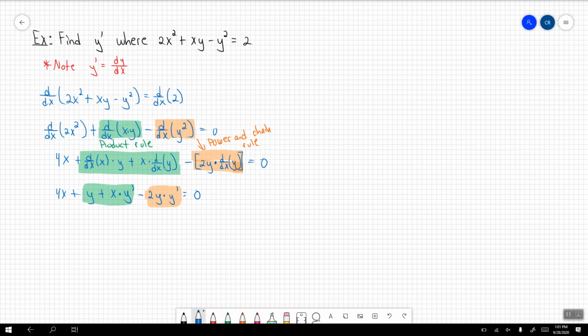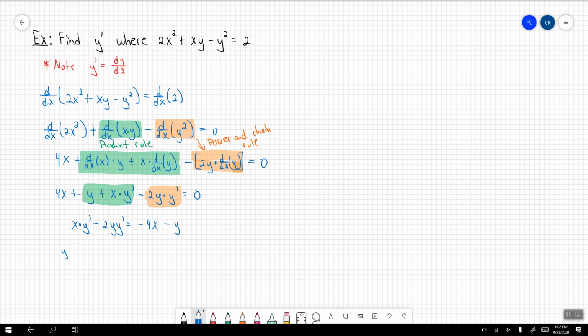Now, if we want to solve for y prime, all we have to do is isolate y prime. The way we're going to isolate y prime is that anything that does not have a prime for my y values will get moved to the other side. So we get minus 4x minus y.